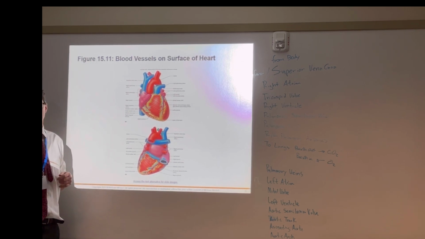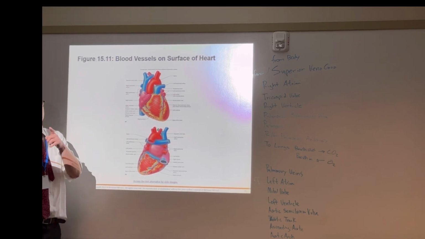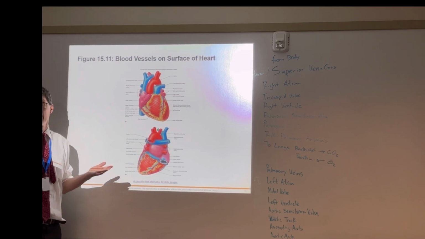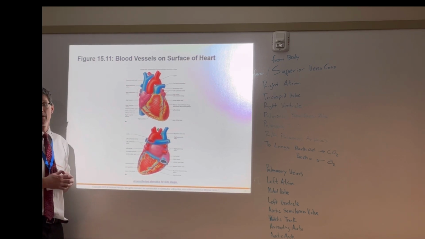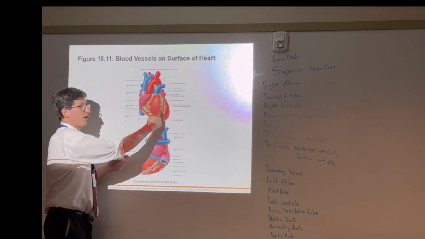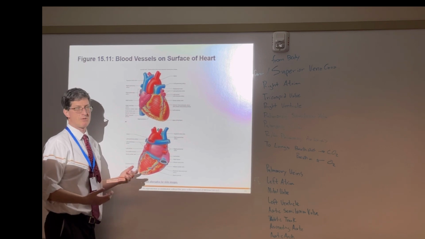Anterior meaning front. Good. And then what was the others? Interventricular. So inter is inside. Not like inter. Inter. Okay. Between. So between. Yeah. Inter between. Good. So it goes down the front of the heart in between the two ventricles. Okay. Does that make sense? That makes a lot of sense.